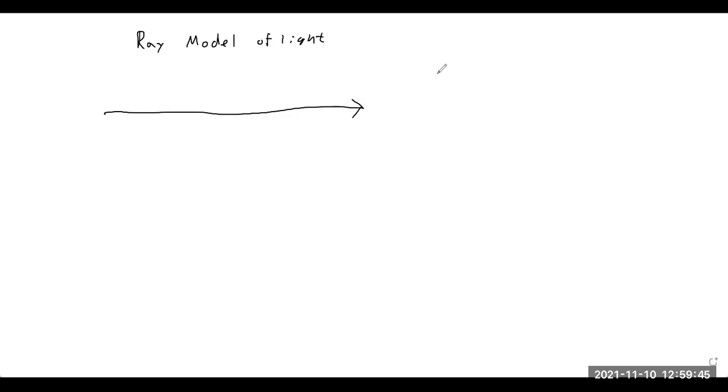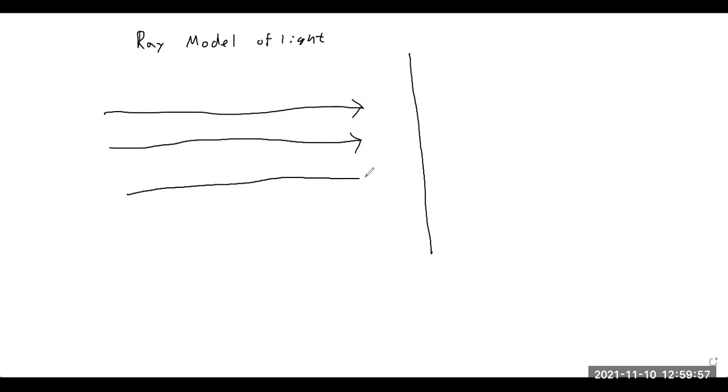So when it hits something, it could be absorbed, at which point the energy from the light just goes into the thing that it hits, and that's the end of the light. It's been absorbed. It also can reflect. It could transmit, where it just passes through it, but let's look at reflection.